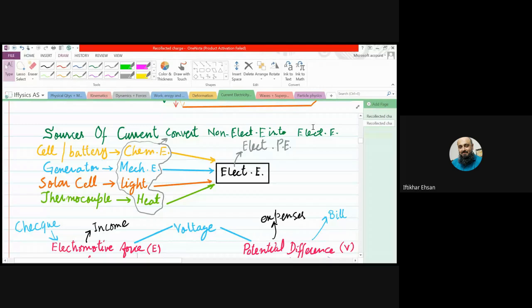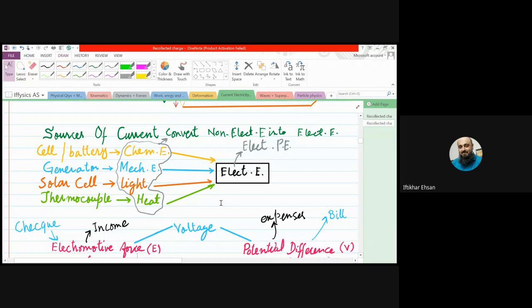For example, cells or batteries have chemicals inside them. They convert chemical energy into electric energy. Generators convert mechanical energy into electric energy. Solar panels or solar cells convert light into electric energy. Thermocouples can convert thermal or heat energy into electrical energy, right?